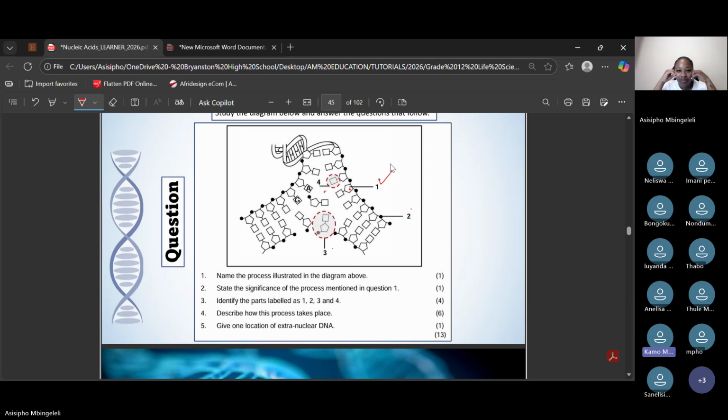If it was an RNA molecule, you would have to specify it's a ribose sugar. If you just write the generic name, pentose sugar, you won't get a mark. So you need to write the specific type of sugar for that specific molecule. For our diagram, the sugar we find in DNA is deoxyribose sugar.